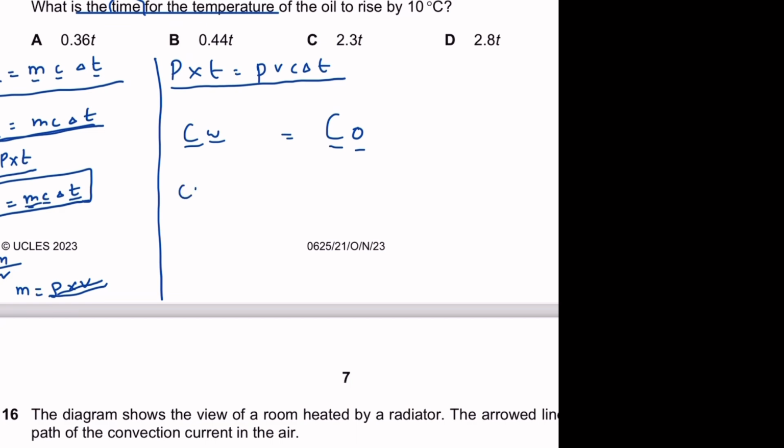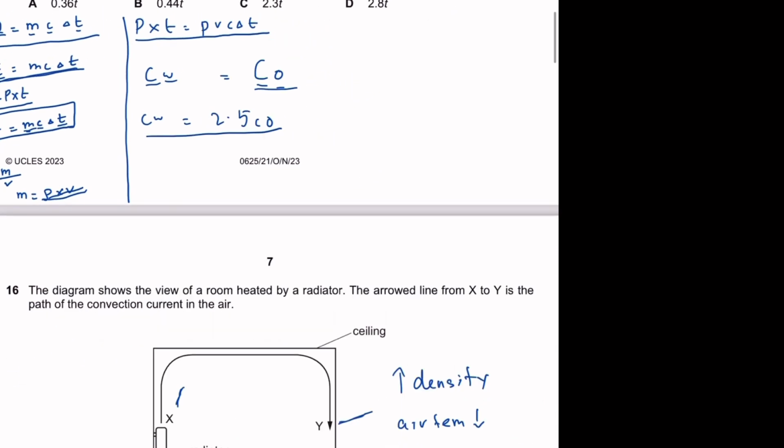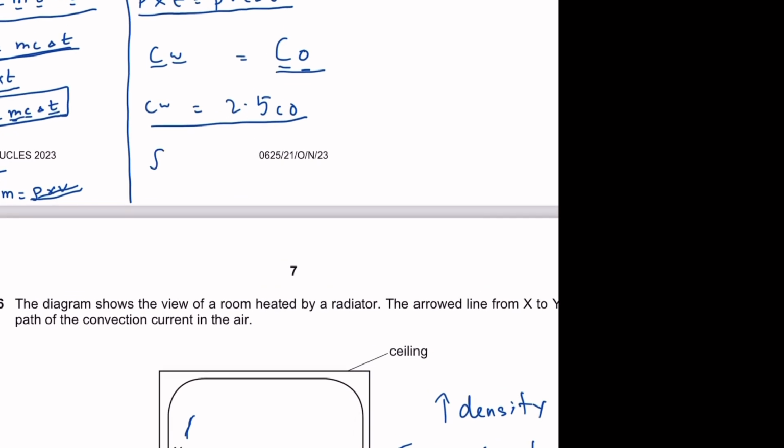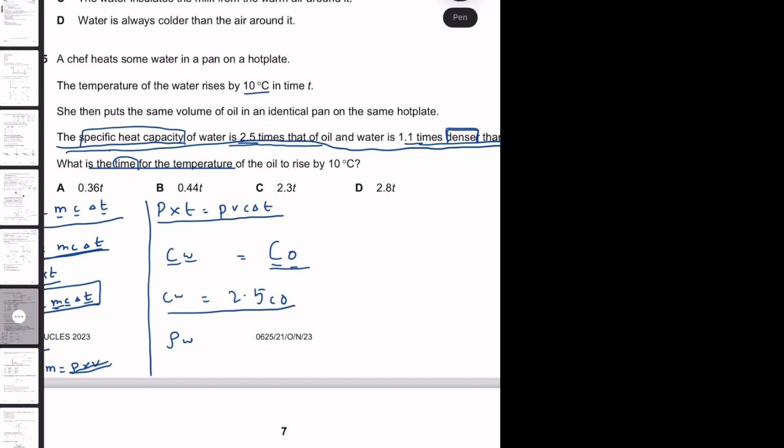So specific heat capacity of water is equal to 2.5 times the specific heat capacity of oil. Second, it says water is 1.1 times denser than oil. So again, density of water is equal to 1.1 times the density of oil. So these are both my ratios.